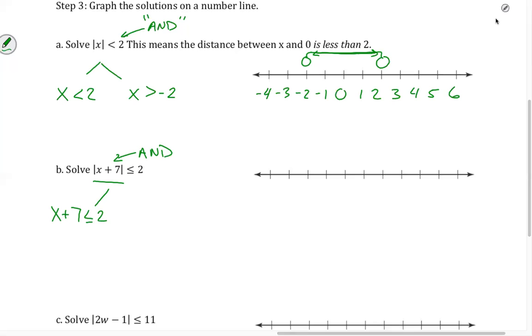Yep. Now, Andrew, at home, on the other side, I have to flip my sign, but I have 2 signs. I have the inequality sign and the sign of the number. So I have to flip them both. So I have x plus 7 is greater than or equal to, notice I flip the sign, -2.